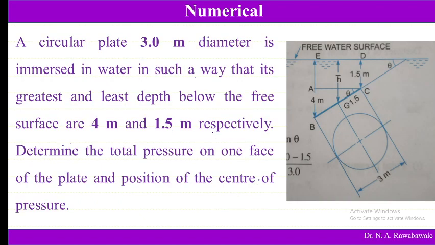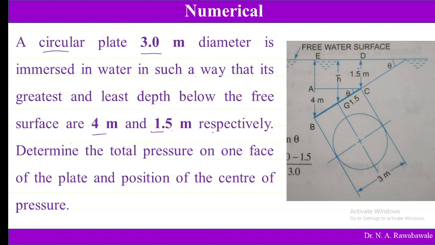Now coming to the next problem, where the plate is inclined to the free surface submerged in the water, but the plate is circular. It is a circular plate having diameter 3 meter, immersed in water in such a way that its greatest and least depth below free surface is 4 meter and 1.5 meter.